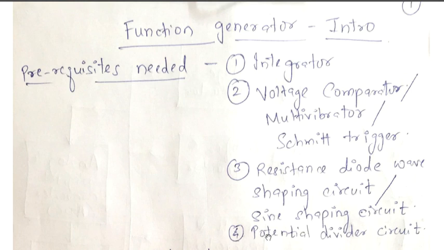And the fourth required concept for you is a potential divider circuit. Once you understand these four concepts, only then is it possible for you to understand the block diagram of a function generator. So what we would be doing first is introducing you to each of these four concepts first, and then we assemble all of them and study the function generator later on.